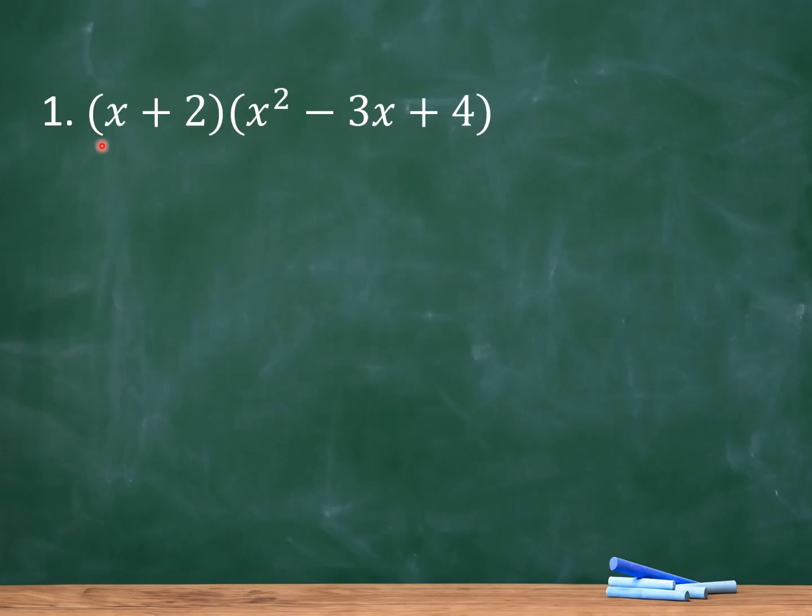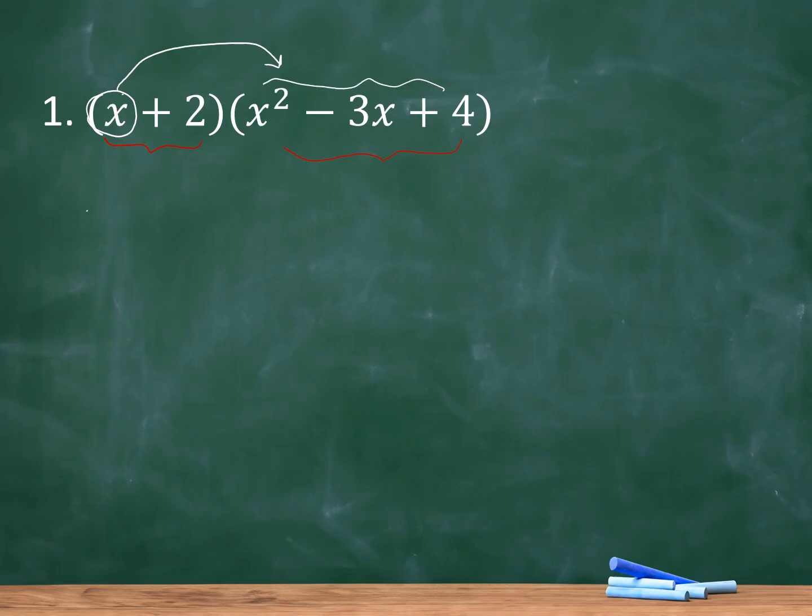Let's have example number 1, x plus 2 times x squared minus 3x plus 4. So notice that this time we have here a binomial. This is a binomial, and we will multiply it to this trinomial. So to do that, we will multiply first x to this trinomial.